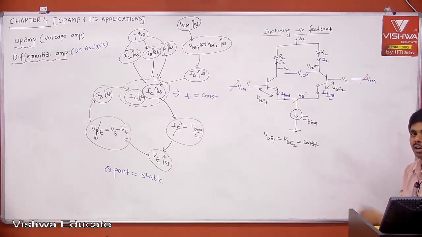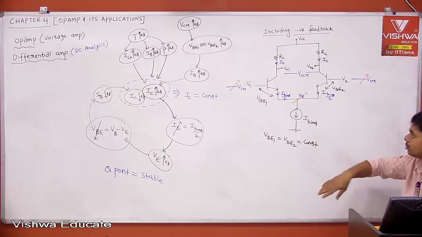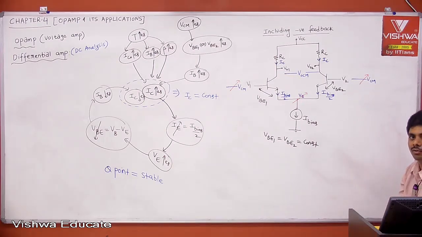That is our differential gain which we want, because that is the gain which we need for signal amplification. We have to create differential signals, not common mode signals. If you give the same signal whatever you want to amplify, that is nothing but a common mode signal. The signal which is common for both the inputs, immediately it will reject. We have to create it in a differential manner, then amplify through a differential amplifier.